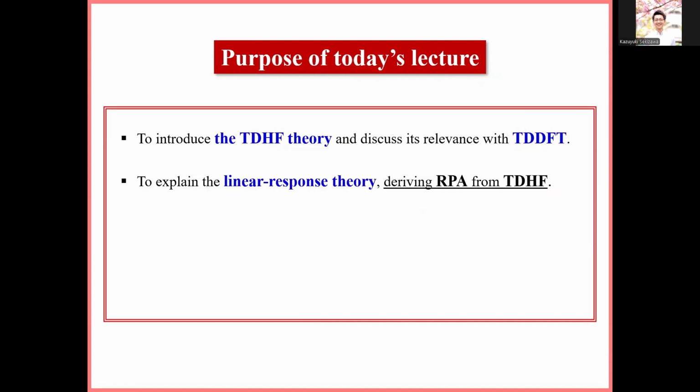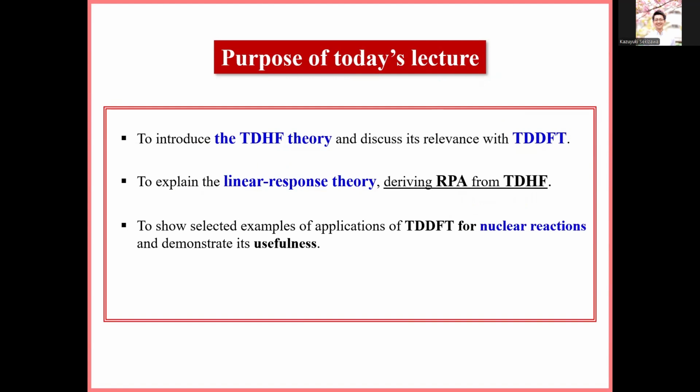Before showing some applications, I will derive the random phase approximation, RPA, as a small amplitude limit of the TDHF. So we can derive RPA from TDHF. And then I will show some selected examples of applications of TDDFT or TDHF to nuclear reactions, and demonstrate its usefulness.